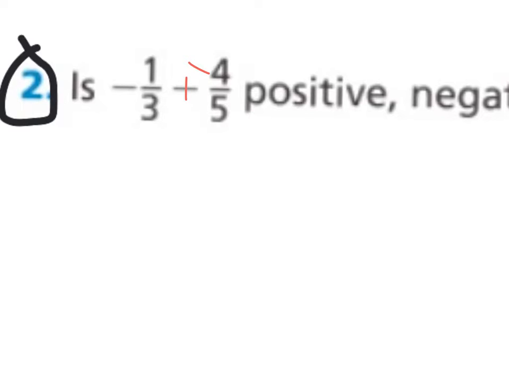Normally at that point, adding fractions, we would need to get a common denominator. They didn't ask me to actually work it out, though. They're just asking whether my answer would be positive, negative, or 0. At this point, I know I have a negative fraction plus another negative fraction. Then I know my answer is going to be negative. These fractions are working together, so I would add them and keep that negative sign.